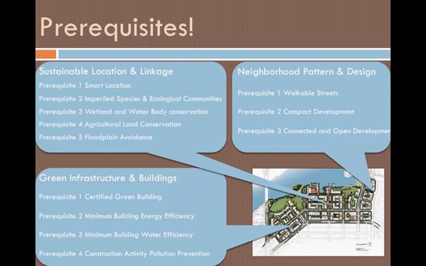Here they are: walkable streets, compact development, and connected development. And finally, green buildings and green infrastructure. A certified green building, not necessarily a LEED certified building, minimum energy and water efficiency, and construction activity pollution prevention.